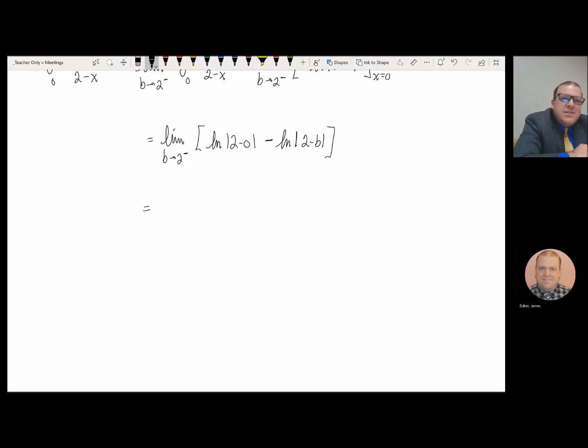So natural log of 2 minus 0, that's a constant, isn't it? And the limit of a constant is just the constant, so that first piece is just going to give you log of 2.